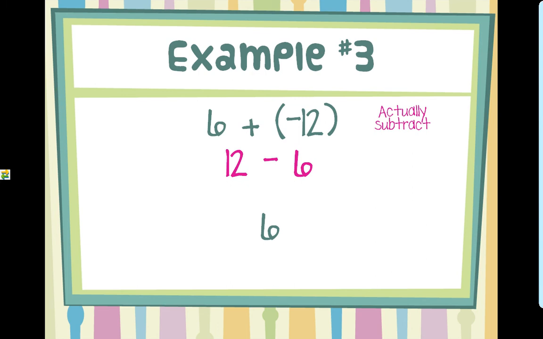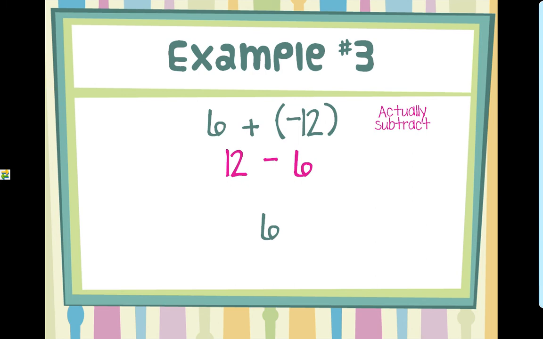But whenever you find out if it's going to be a positive or a negative, you take the sign of the number with the highest absolute value. So you come over here and you look at, okay, the absolute value of 6 is 6. And the absolute value of -12 is going to be 12. Remember, absolute value is the distance it is from 0, and its distance is always positive.